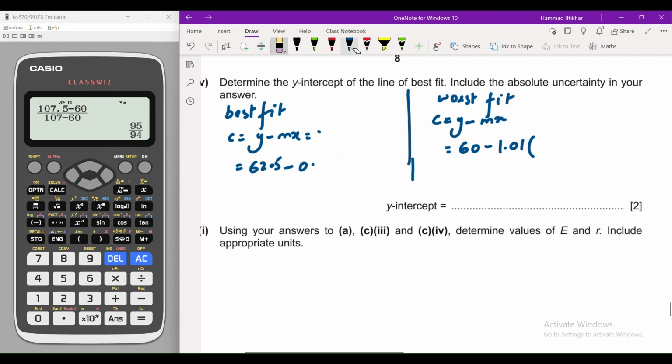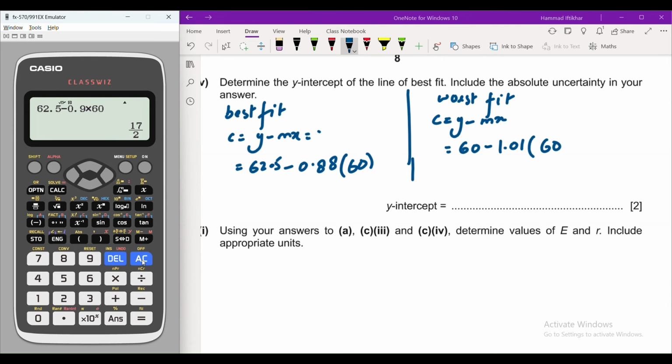It doesn't really matter. Even 0.91 is fine. So 62.5 minus 0.9 times 60. Let me show you what the difference is.